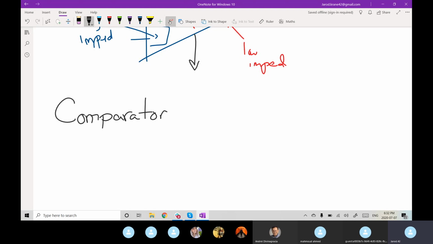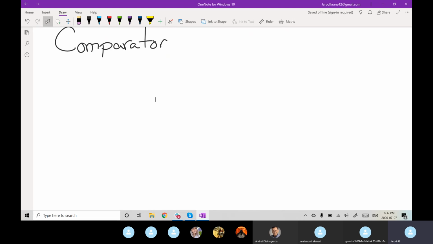They use op-amp logic to function, but your standard op-amp doesn't always like to be run as a comparator, just because of how the operation is.